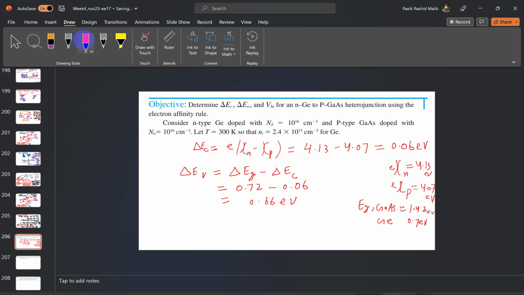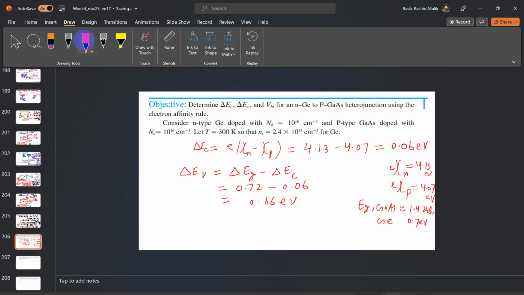Actually the energy band gap for the gallium arsenide is 1.424.